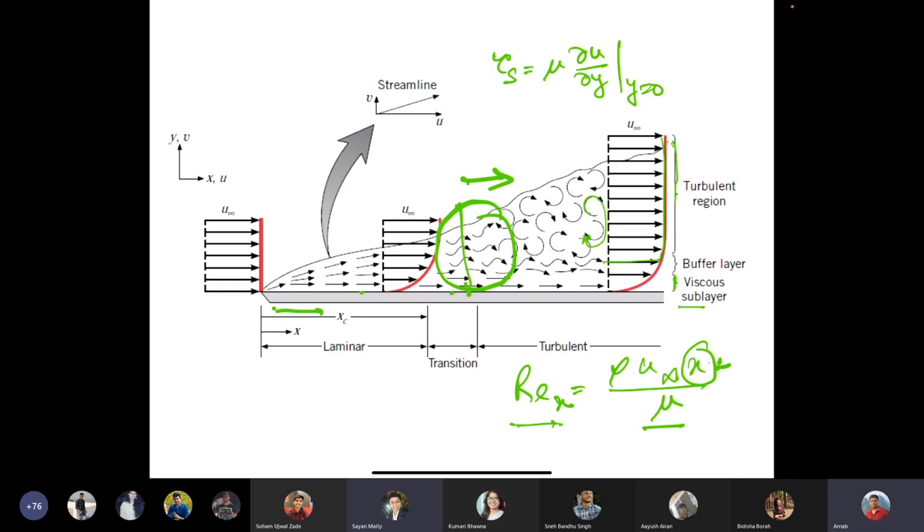More than 3000 turbulent, reasonably well, but again, this number is something that you must remember for the rest of your life. There's a very specific number. Anyone? Sir, it is 5 into 10 to the power 5.